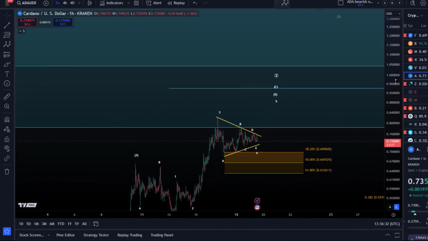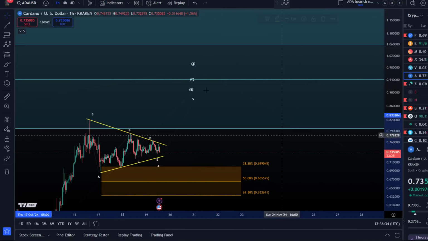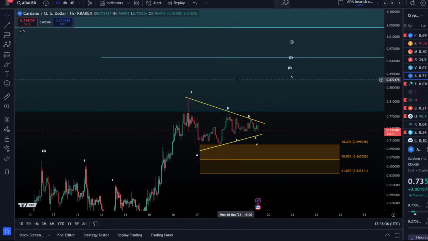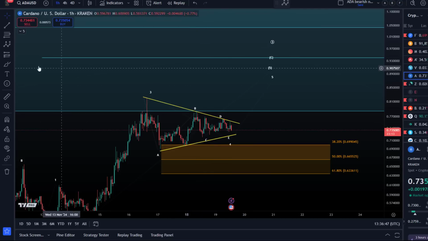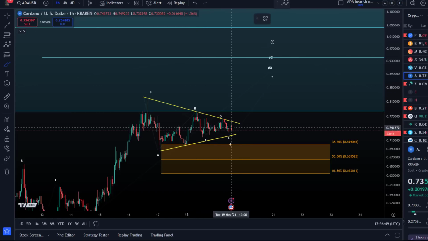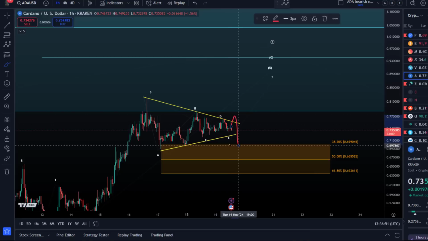And if the market can break out to the upside, a breakout would be confirmed, at least from a triangle point of view, if we get a break above the internal B wave of the triangle. That's 78.4 cents. Before that, we cannot assume the triangle is breaking out, because what you often get is fake outs of trend lines and then still break down.